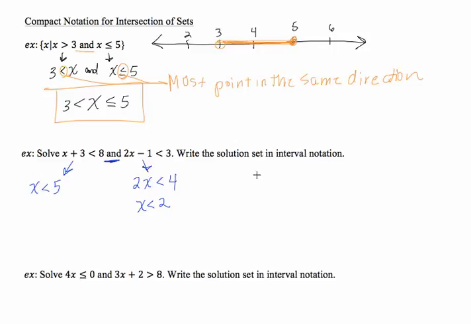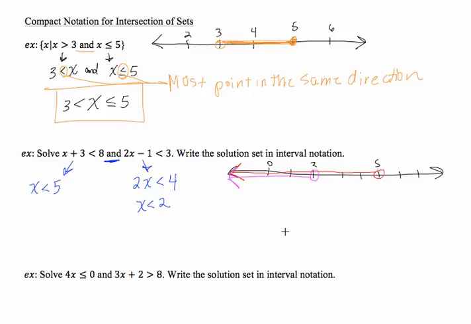So let's draw that on a number line. Although you might be able to picture it without drawing it, that would be fine. If x is less than 5, that would be all of these values. But x also has to be less than 2. Well, here's the set of x that is less than 2.